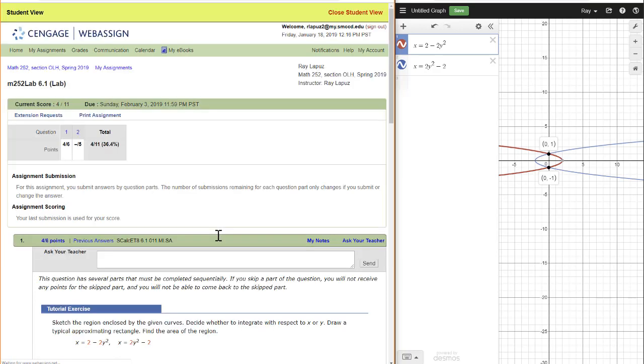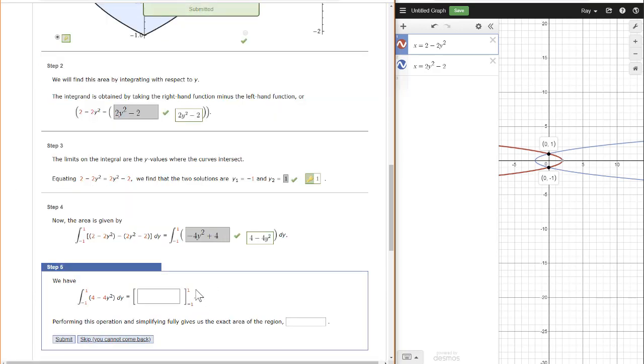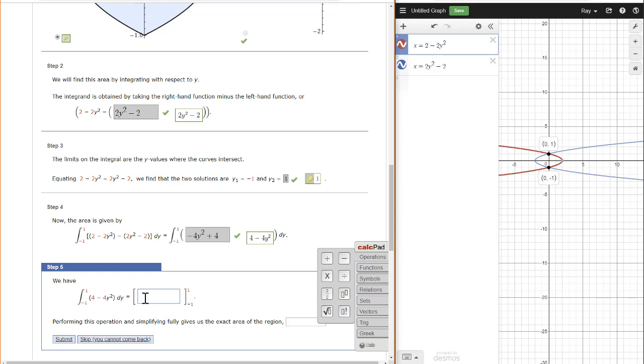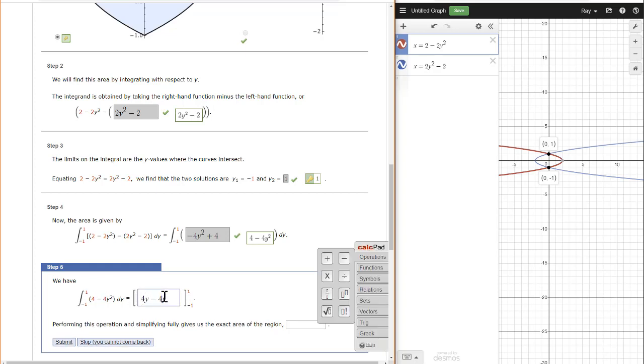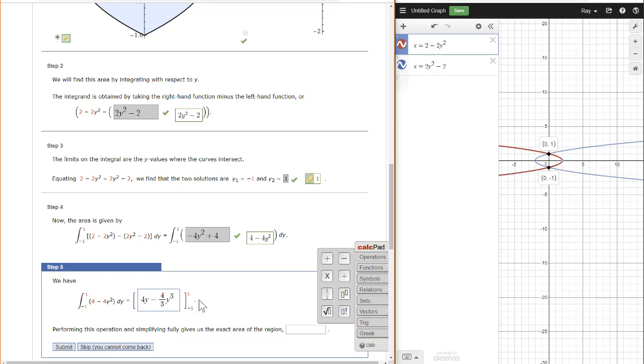I suppose we could have written that the other way, but it's there. Now we integrate this. The antiderivative is going to be 4y minus 4, and then y to the third, because we add 1 to the power and also divide by that same power.